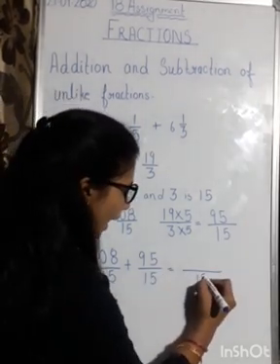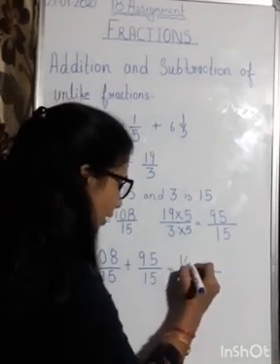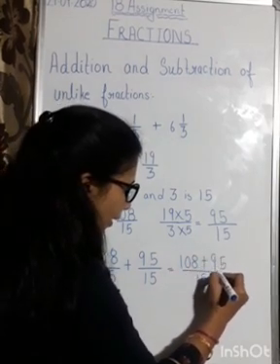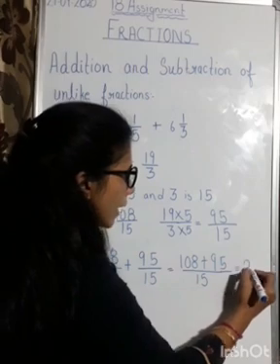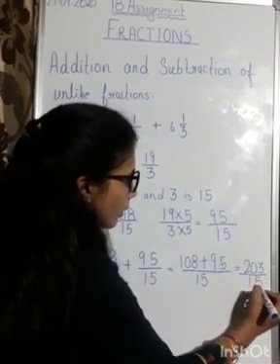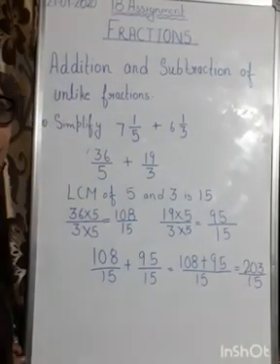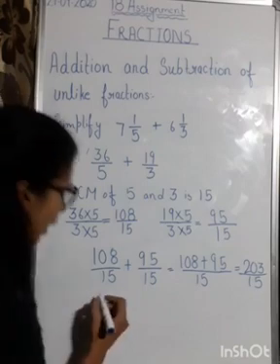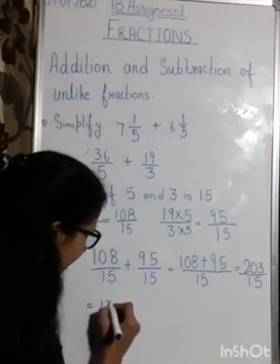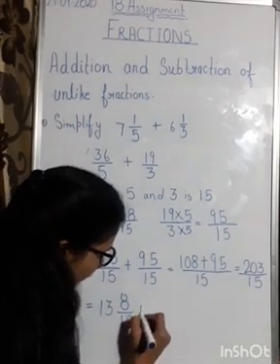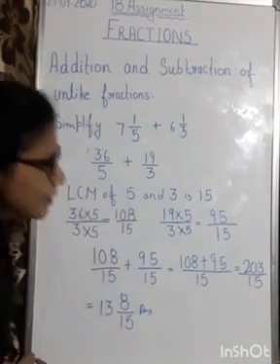Write down 15 as it is and write 108 plus 95. Now adding these two, you are getting 203 upon 15. You can leave your answer here also, or you can convert it into a mixed fraction, which comes to 13 whole 8 by 15, and this will be your answer.